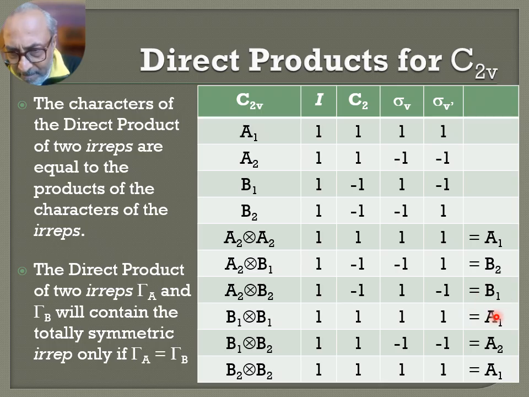Similarly here B1 times B1 will give us A1, and likewise B2 times B2 gives A1. No other direct product will give me the totally symmetric irreducible representation.